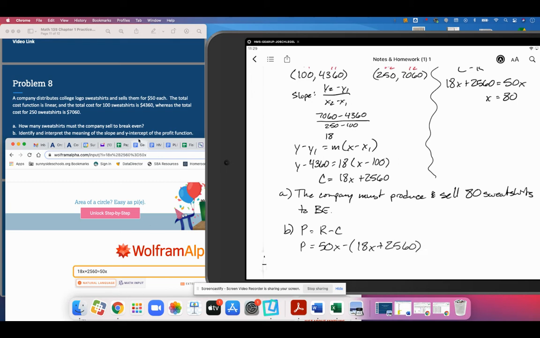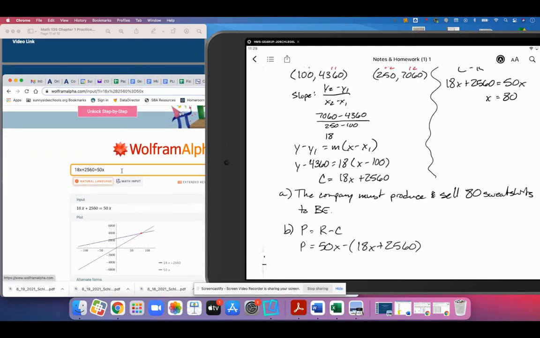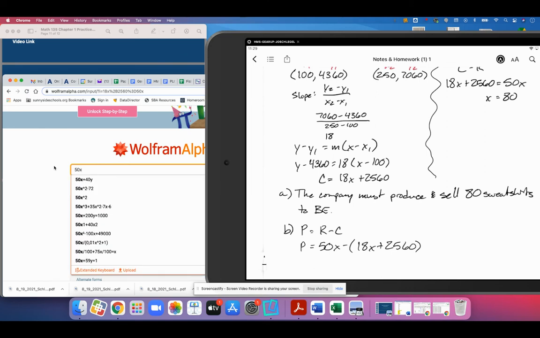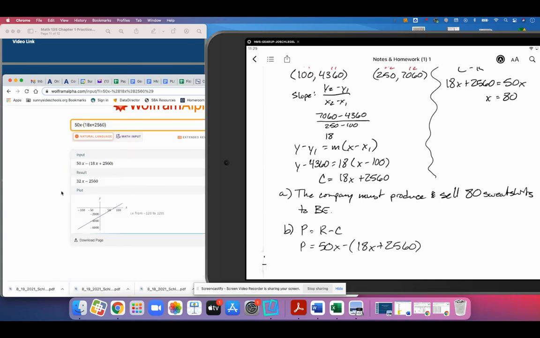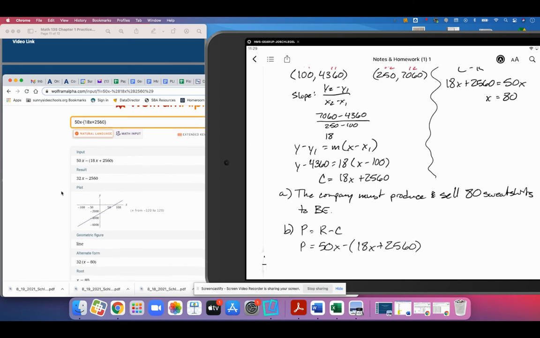So in Wolfram, we could do the 50x minus 18x plus 25.60. We end up with a profit function of 32x minus 25.60.